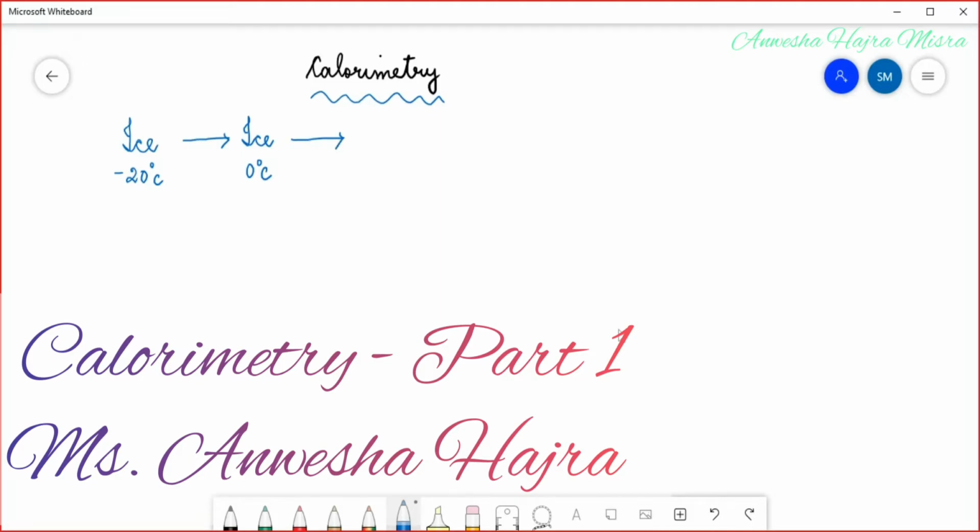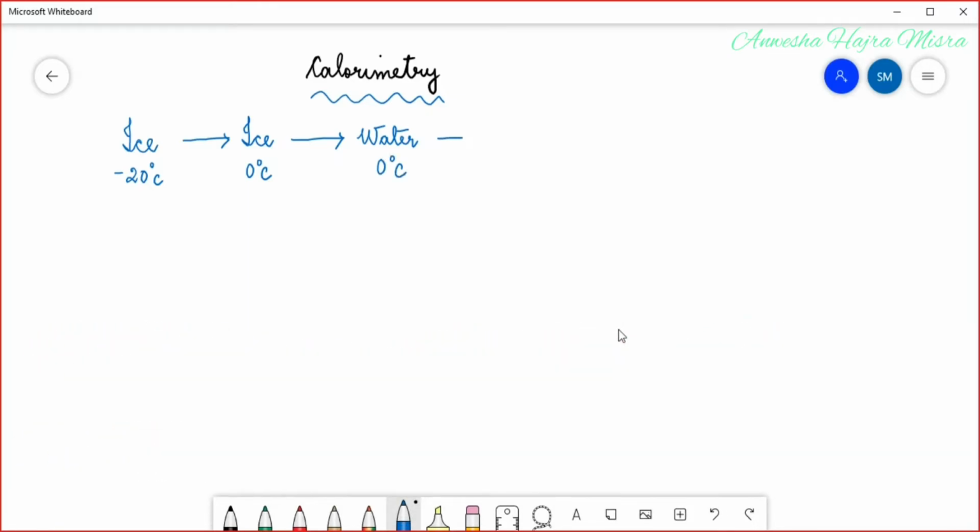Further we heat ice. It turns to water, changes its state. Water at 0 degrees Celsius. Further heat water. It turns to 100 degrees Celsius.